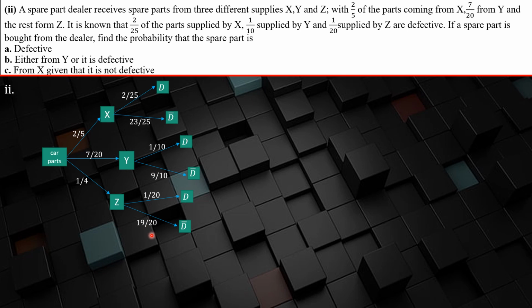All right, so you recognize that we have a complete setup of what is happening. We can now talk about how we calculate the probability of getting a defective car part in this experiment. Well, this is the truth. The defective car part can either come from supplier X, or from supplier Y, or from supplier Z. So what this means is, for all the car parts from supplier X, I can get some that are defective, or I can get car parts from supplier Y and some are defective, or I get car parts from supplier Z and some are defective.